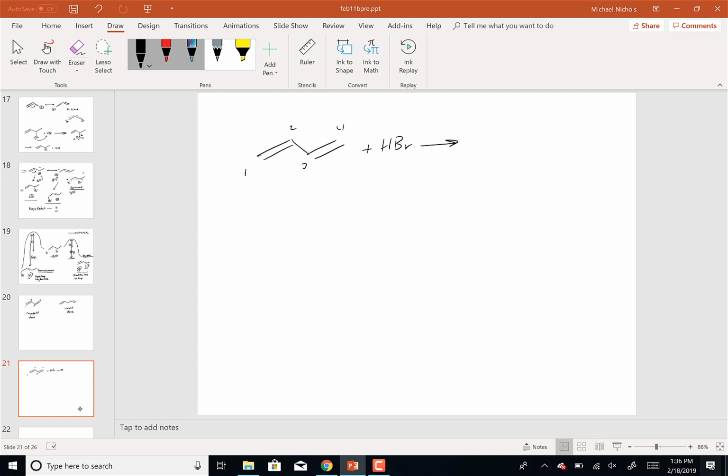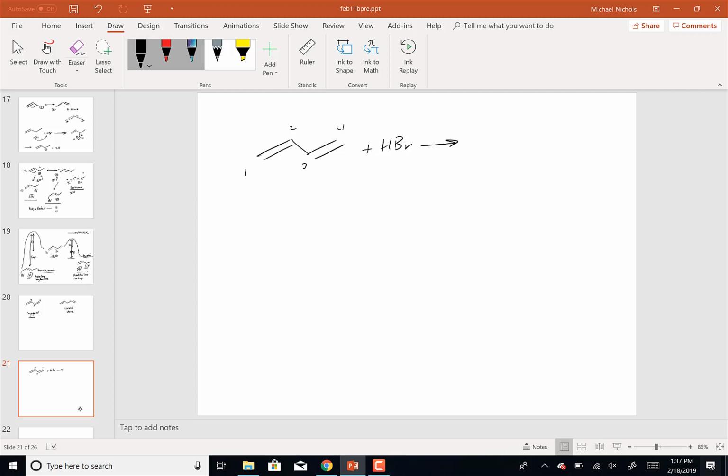Add the hydrogen to form the most stable intermediate. Right? That's the broad view of Markovnikov's rule. Add the hydrogen to make the most stable intermediate.